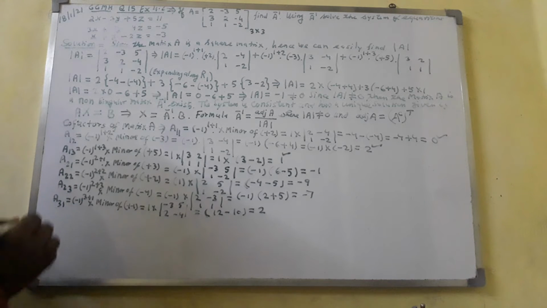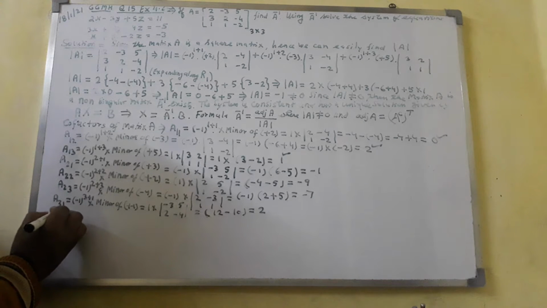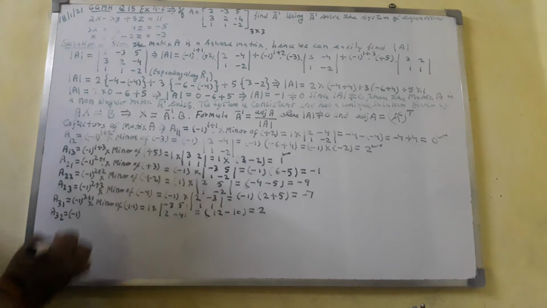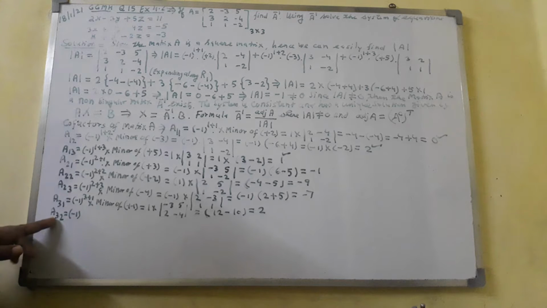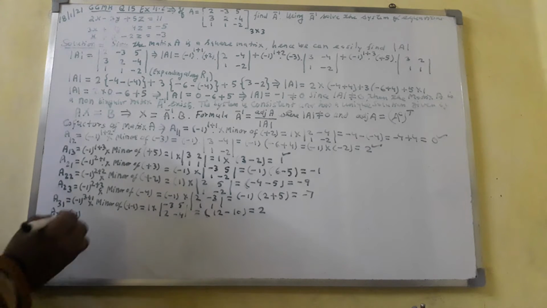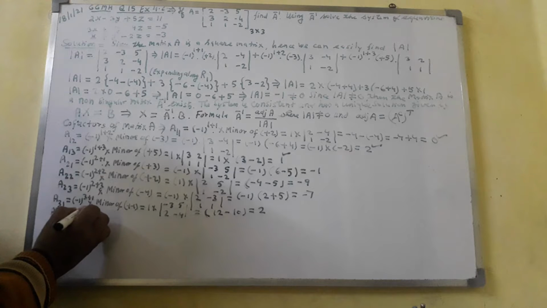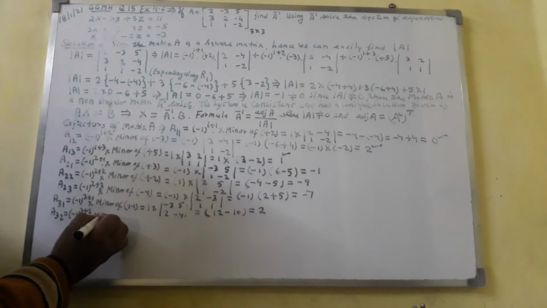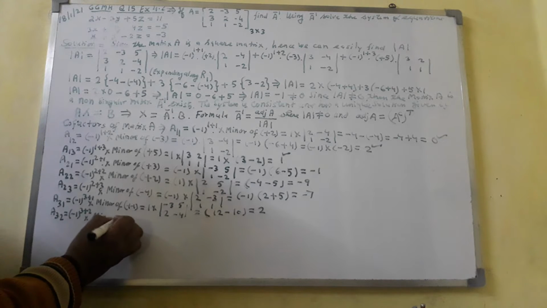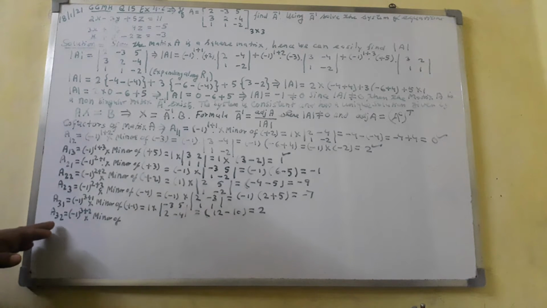Like this I shall write A input 32. So here write -1. Here -1 is a constant fixed here, and this 3 will be written here +2 into minor of A32.